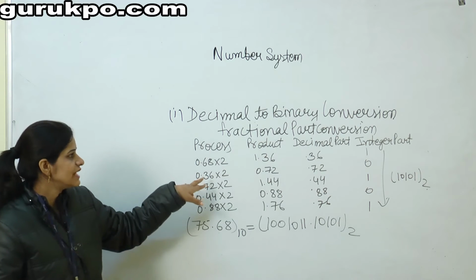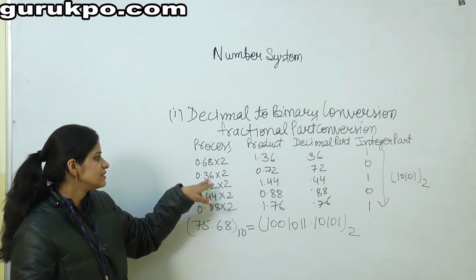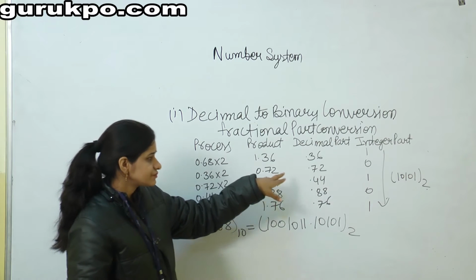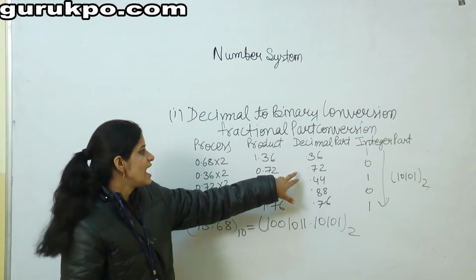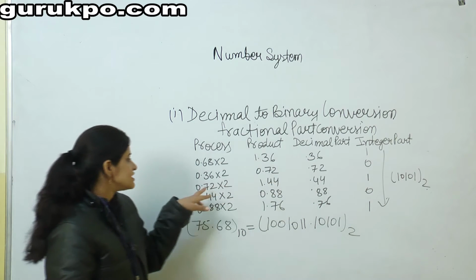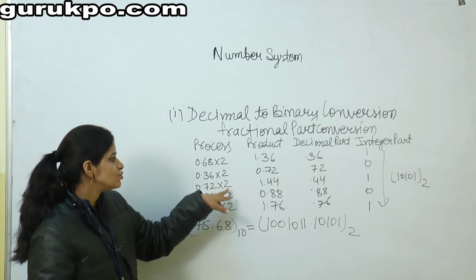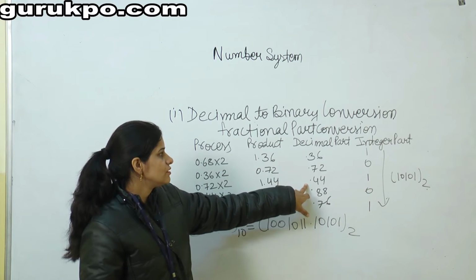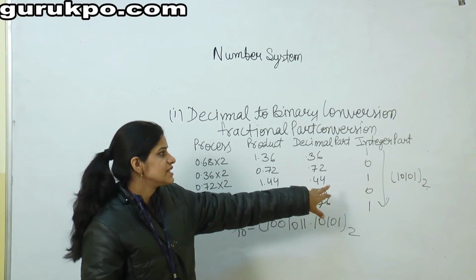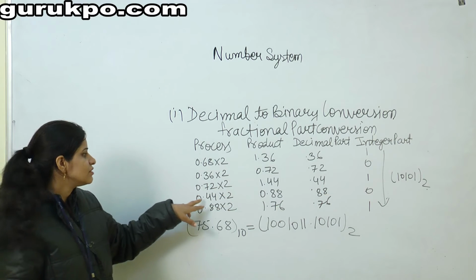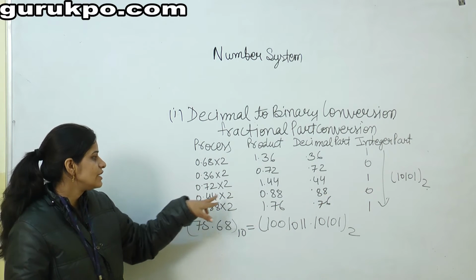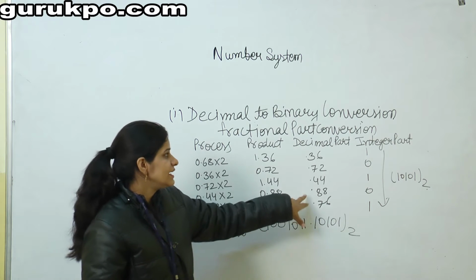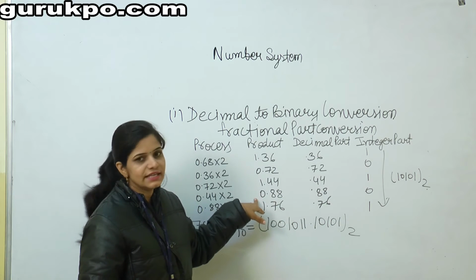Then 0.36 into 2 is 0.72, integer part is 0 and decimal part is 0.72. 0.72 also multiplied by 2, product is 1.44, 0.44 is the decimal part and 1 is the integer part. Also 0.44 multiplied by 2, product is 0.88, 0.88 is the decimal part and 0 is the integer part.